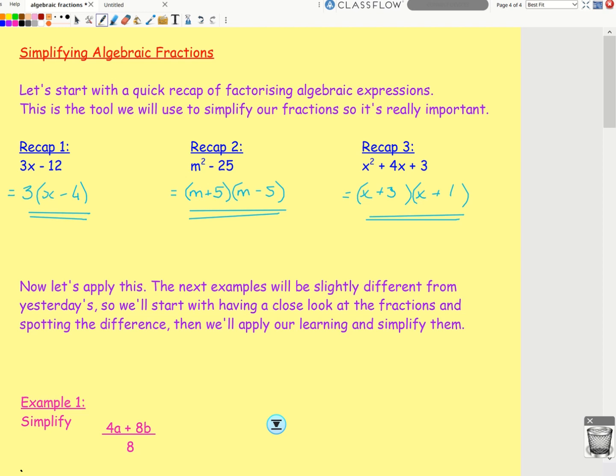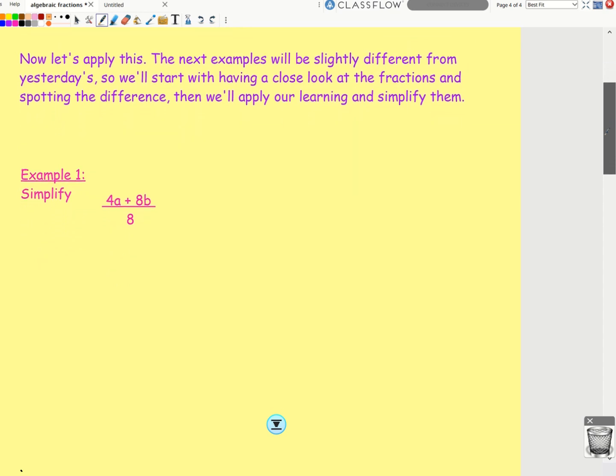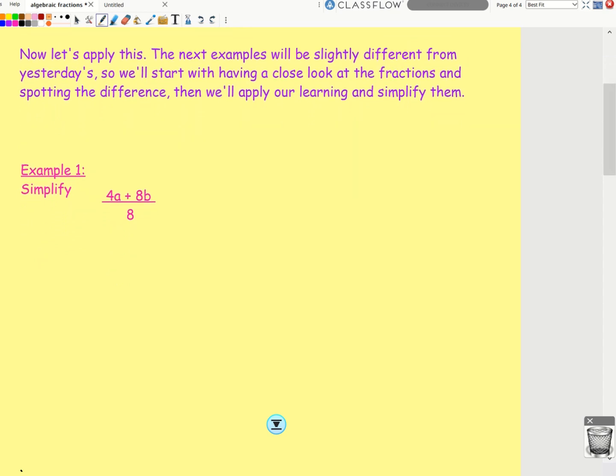Right, now on to the nitty gritty of today's lesson. We're going to be applying these skills directly. If you look closely at this example here, you can see that it looks slightly different from yesterday's, and the reason for that is we've got some adding and subtracting signs in here.